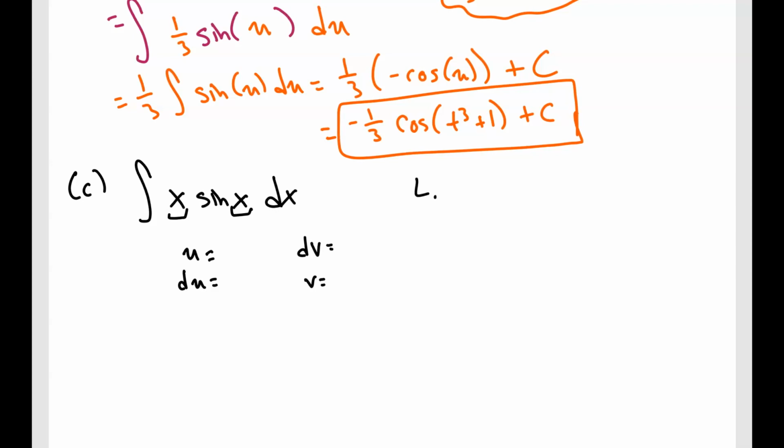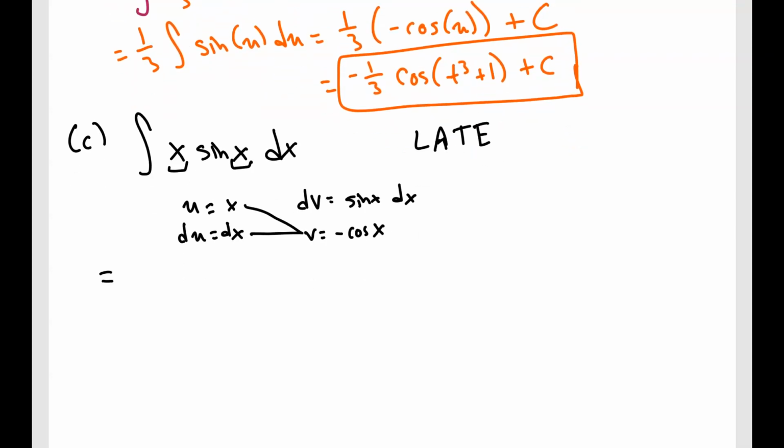If you remember our acronym, LIATE, we're ignoring the inverse functions. A should be algebraic, so in this case u is going to be x. The derivative of this is 1 dx. dv is going to be sine of x dx. And v is going to be the antiderivative of sine, which is negative cosine of x.